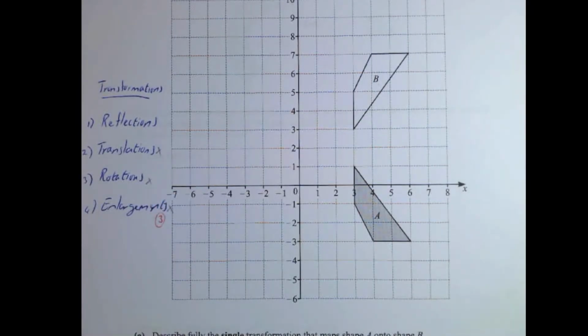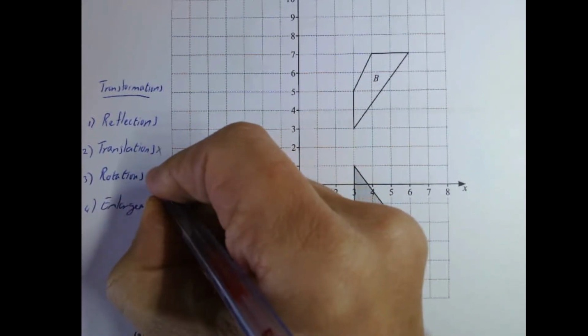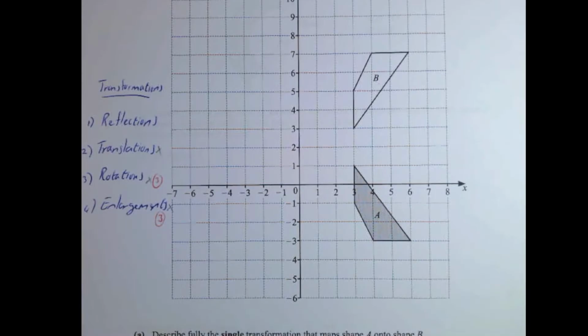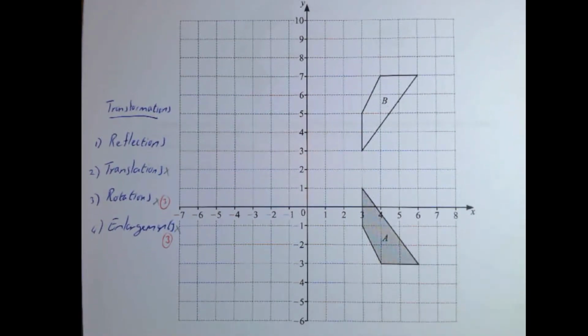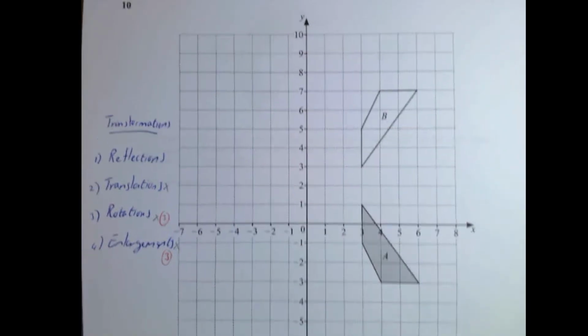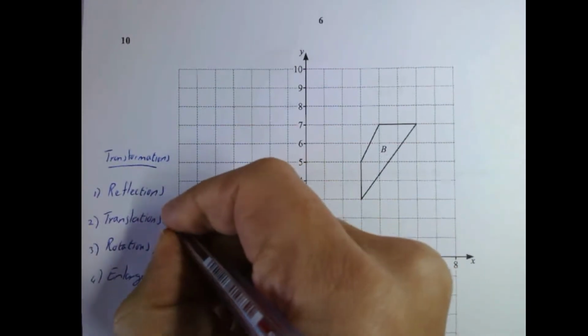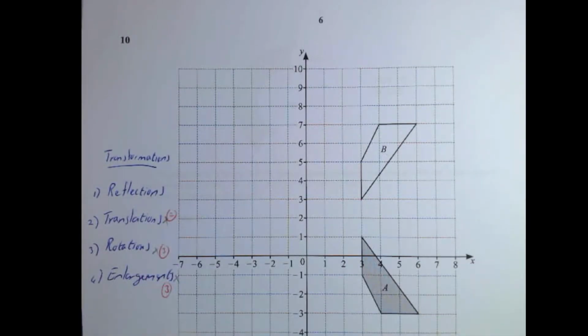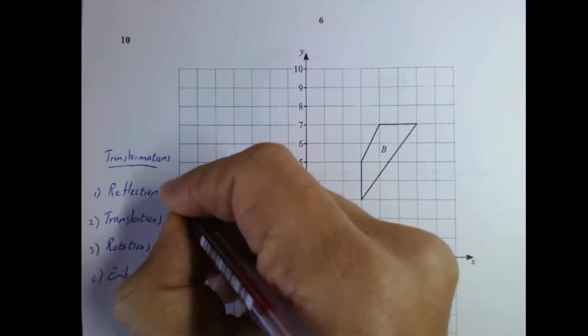Writing enlargement, writing the center of enlargement and writing the scale factor. Rotations usually are 3 marks. That would be writing it's a rotation, writing the direction, clockwise or anti-clockwise, the angle, 90, 180, 270, and the center, 3 marks. Translations usually are 2 marks, because you need to write it's a translation, and the vector. Reflections usually count 2 marks as well.